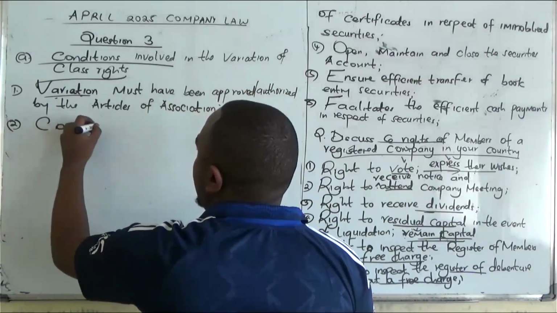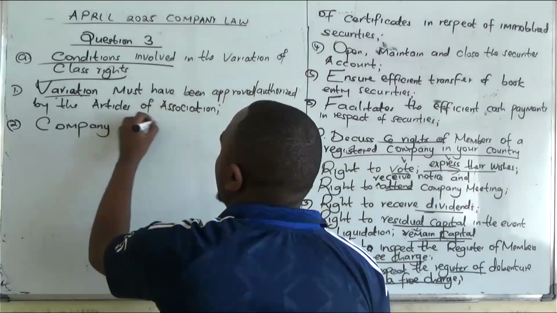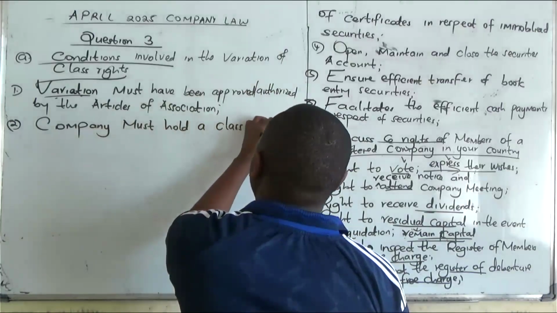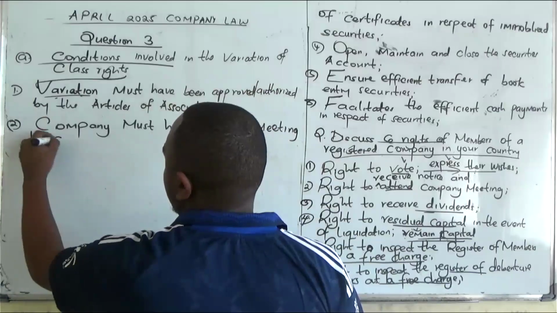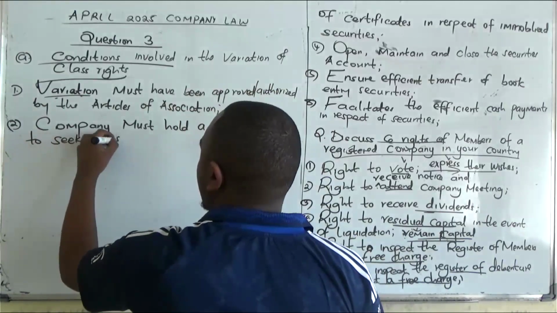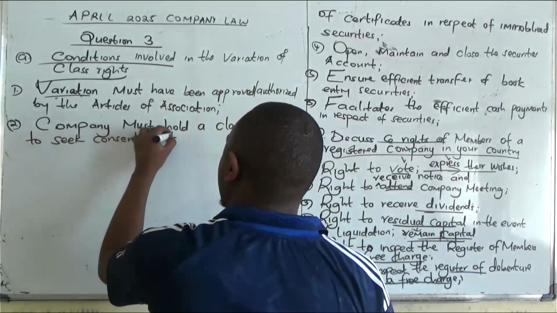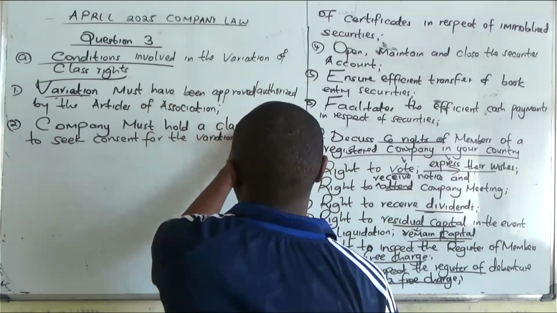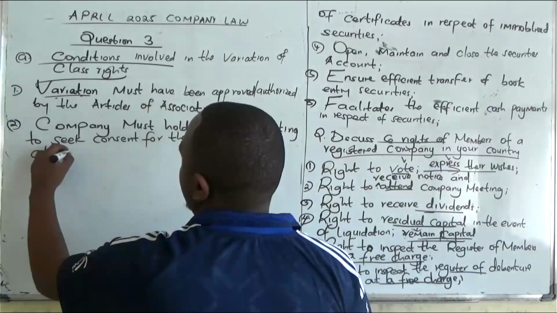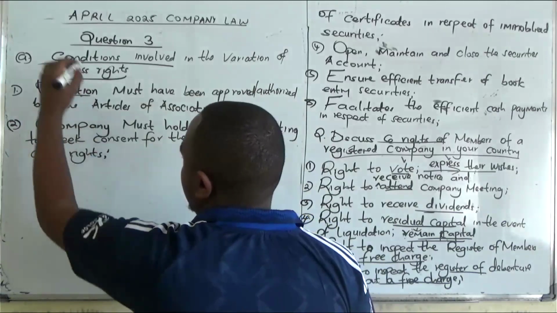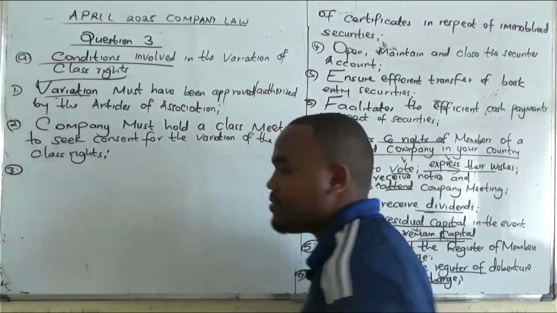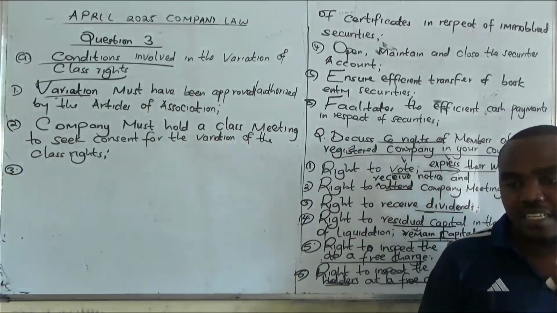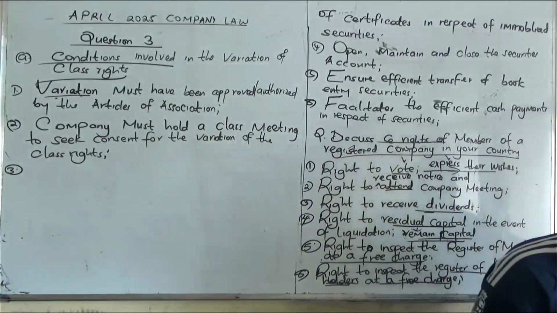To do what? To seek consent for the variation of the class rights. So they must hold a meeting that involves all the preference shareholders.